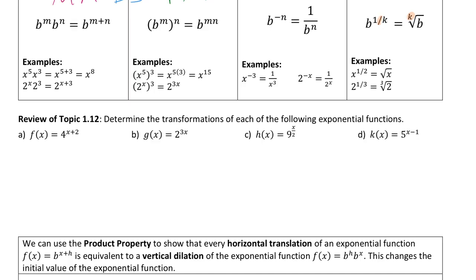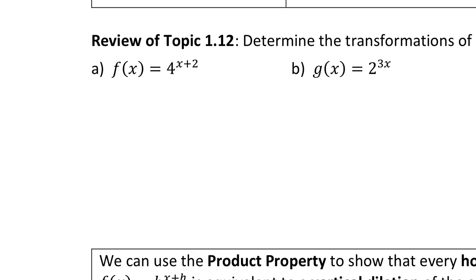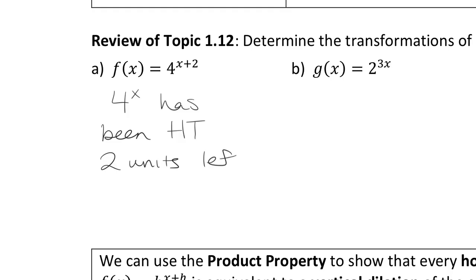What I want us to do is determine the transformations for each of the following exponential functions from the parent function with that base. For example, for letter A, f of x equals 4 to the x plus 2 would be that the original function 4 to the x has been horizontally translated 2 units to the left.